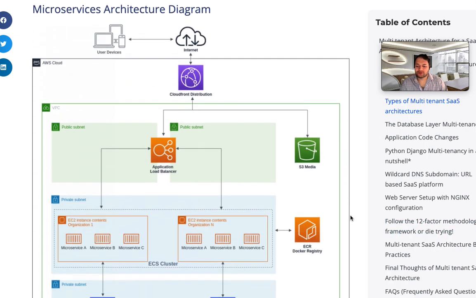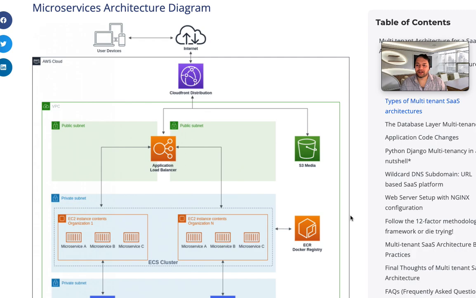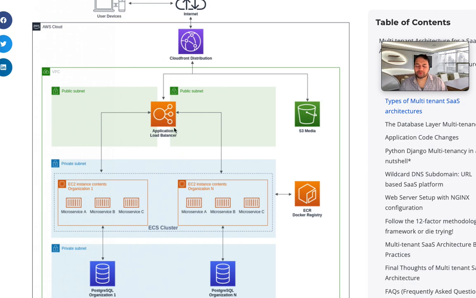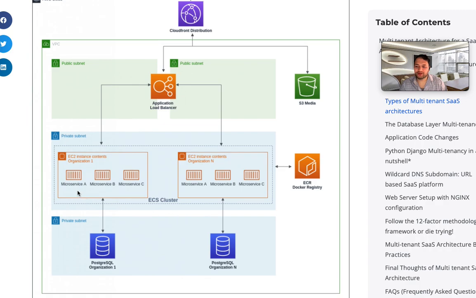All right, so let's look at the microservices architecture diagram. Once again, we have the user devices connecting through the internet over to our CloudFront distribution, connecting to our S3 media, as well as our application load balancer, which I talked about in the previous video, so I'm not going to repeat that. And our load balancer is once again connected to our two EC2 instances with the various microservices hosted inside the EC2 services, deployed through GitHub by the developers.